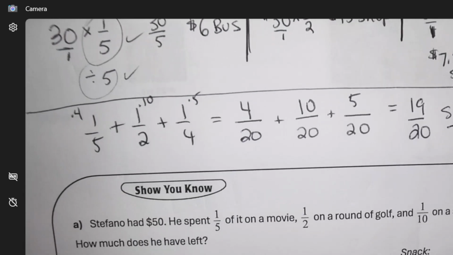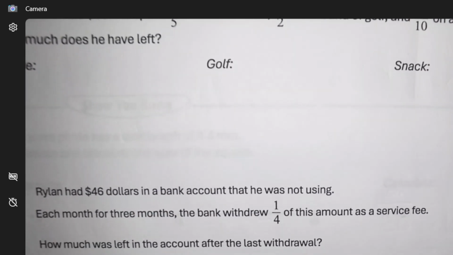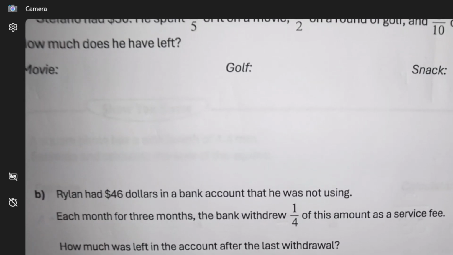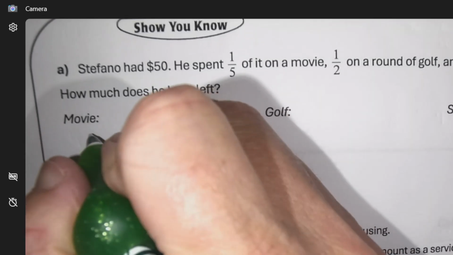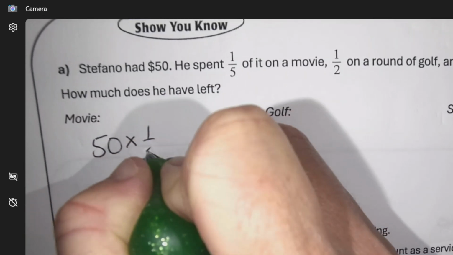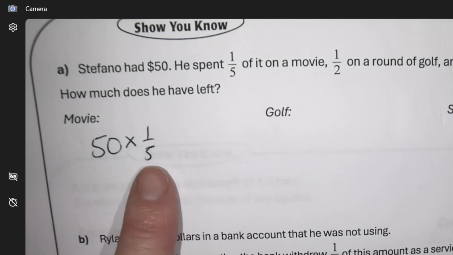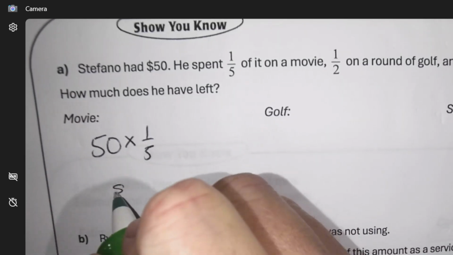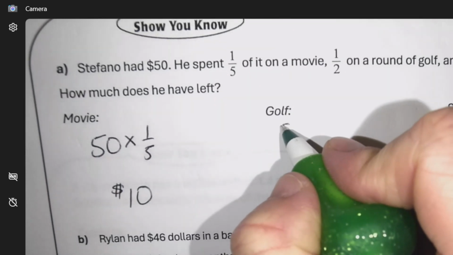Okay, so you're supposed to do this one on your own. We can kind of work on it together here. So if you had $50, but you spent a fifth of it on a movie, can you think about what that is? And again, it's the same as dividing by 5. $10. That's so cheap.